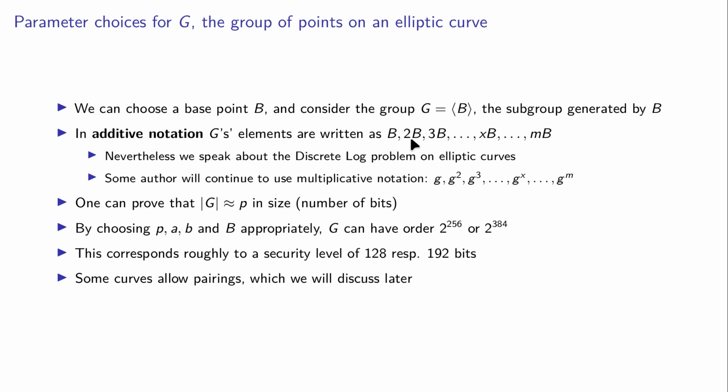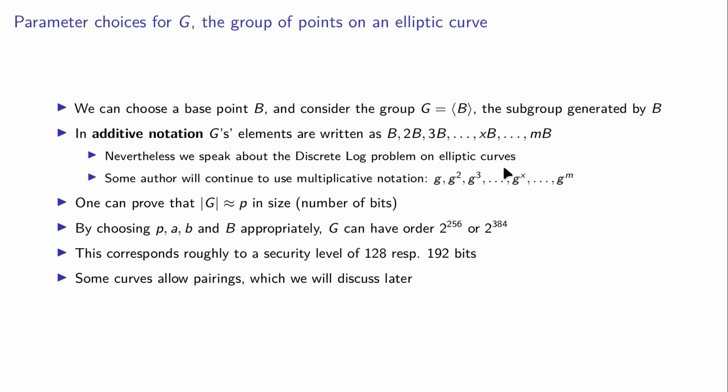Despite the additive notation for elliptic curves, we still speak about the discrete log problem on elliptic curves. So the discrete log problem here, we have g to the power x, whereas in the additive notation it's x times B. So it would not be a discrete log problem, but rather a multiplicative or division problem.